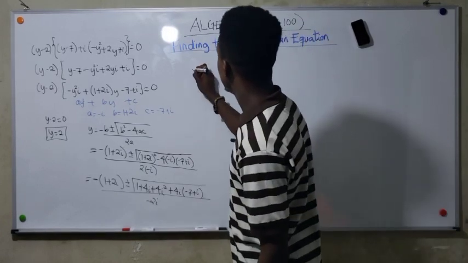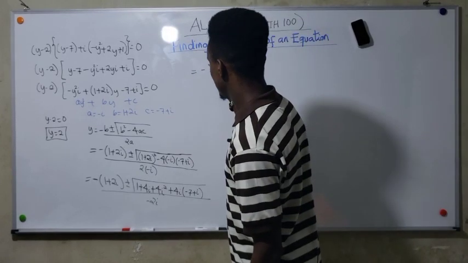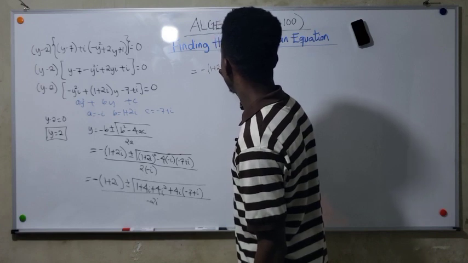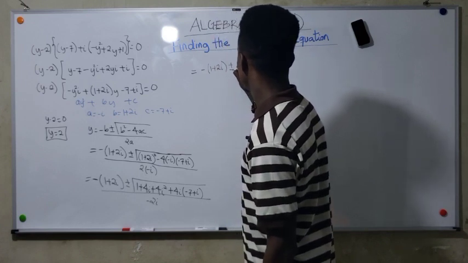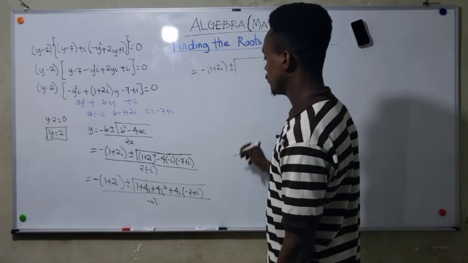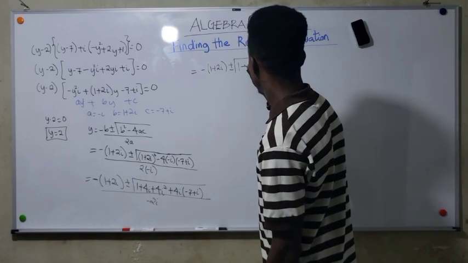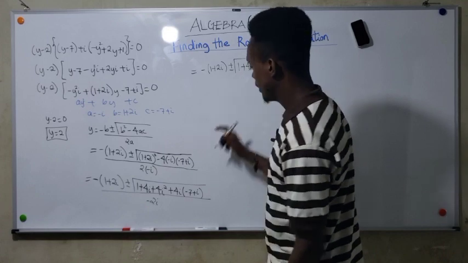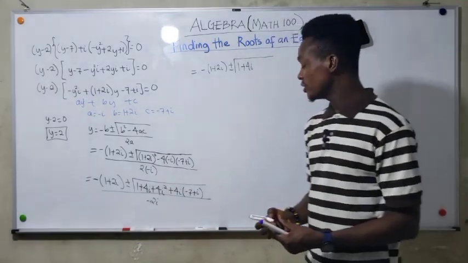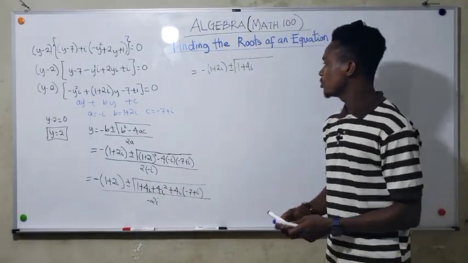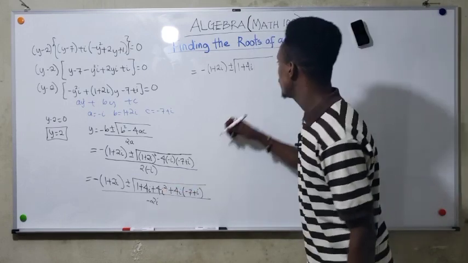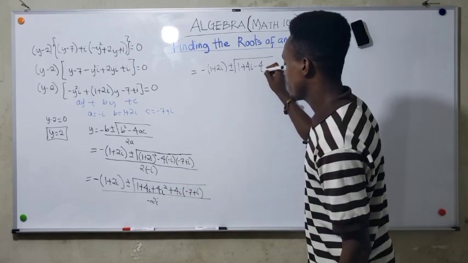Again, we have minus (1 plus 2r) plus or minus the root of. We simplify in here, we have 1 plus 4r plus 4r squared. r squared, as we said previously, was minus 1, so it's minus 1 times 4, which is minus 4.